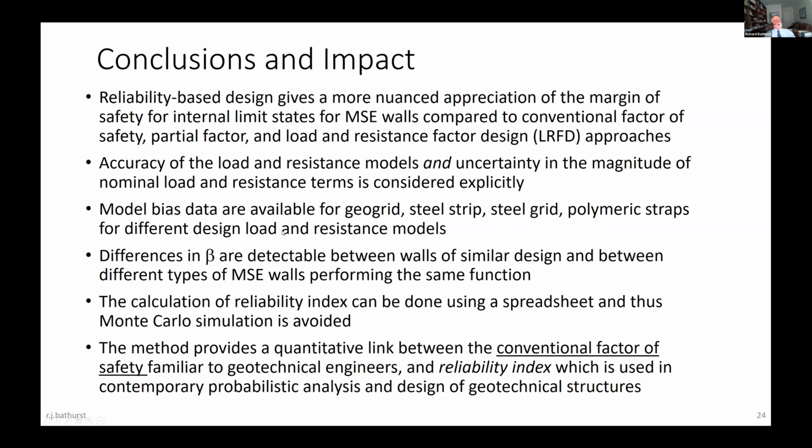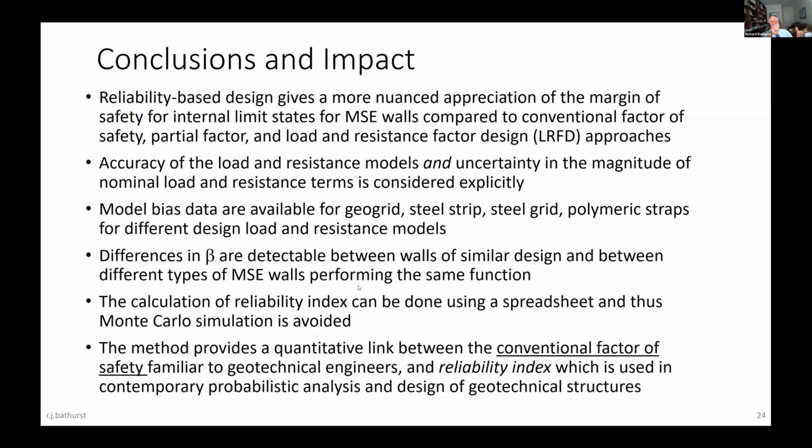And when you use this approach, differences in reliability index are detectable between walls of similar design and between different types of MSE walls performing the same function. So you can do a fair comparison between different design candidates where the differences are described by reliability index.